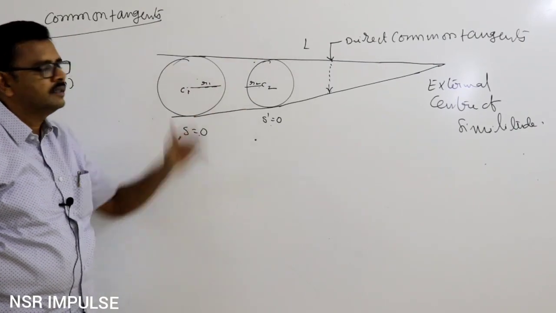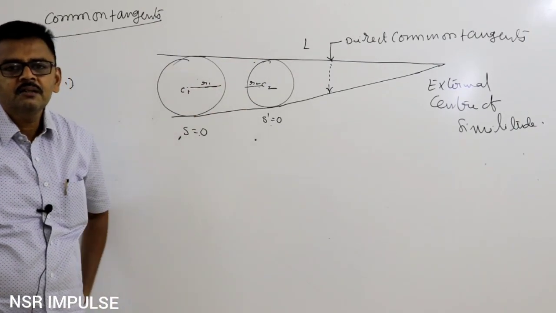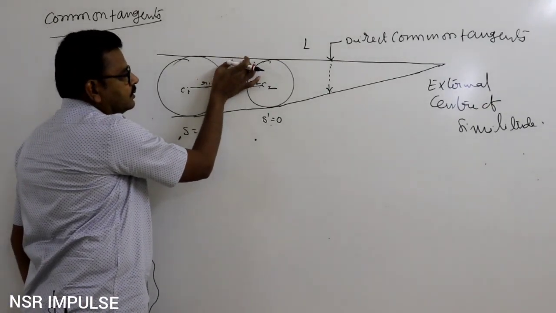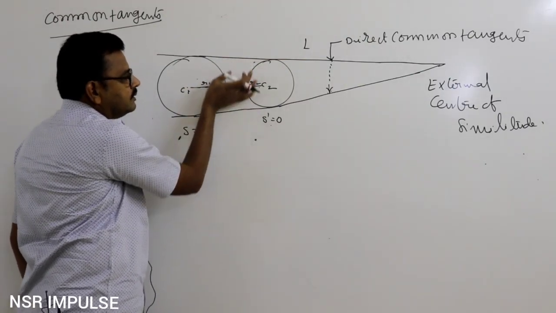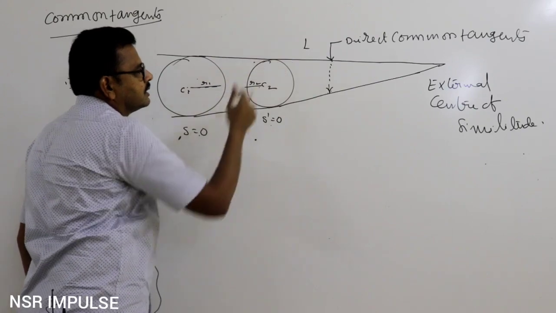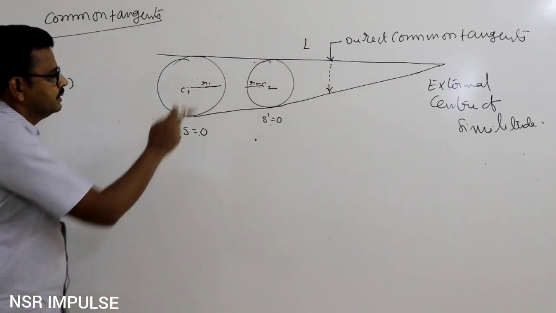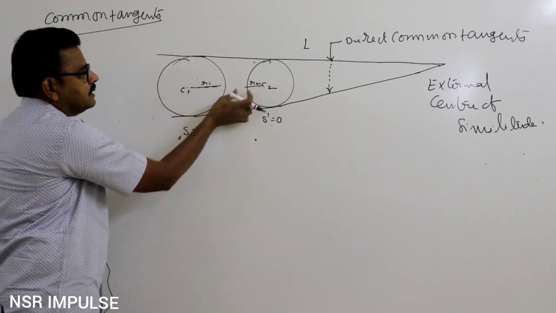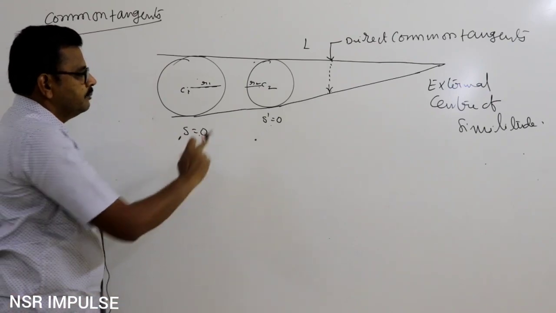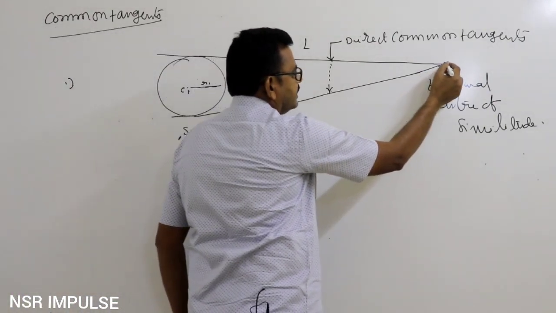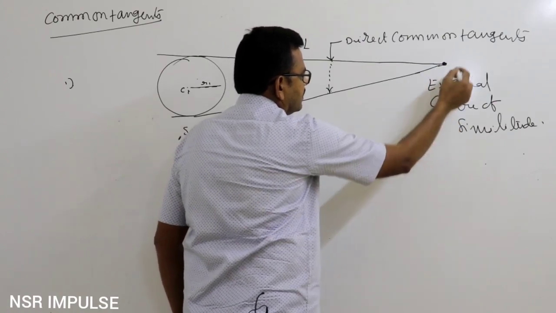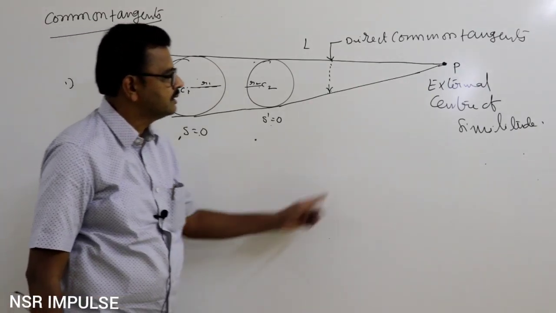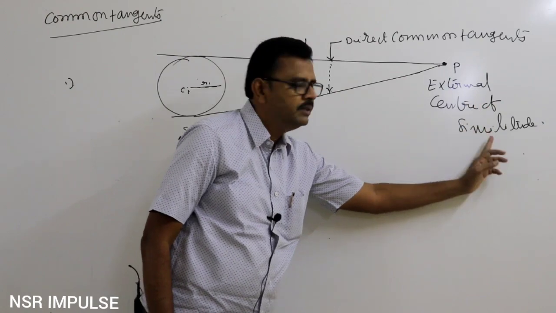If a line L touches both the circles and the two circles lie on the same side of this line, L is called a direct common tangent. So this is a direct common tangent. This is also a direct common tangent because the two circles lie on the same side of this line L. The point of intersection of two direct common tangents, call it P, is called the external center of similitude.